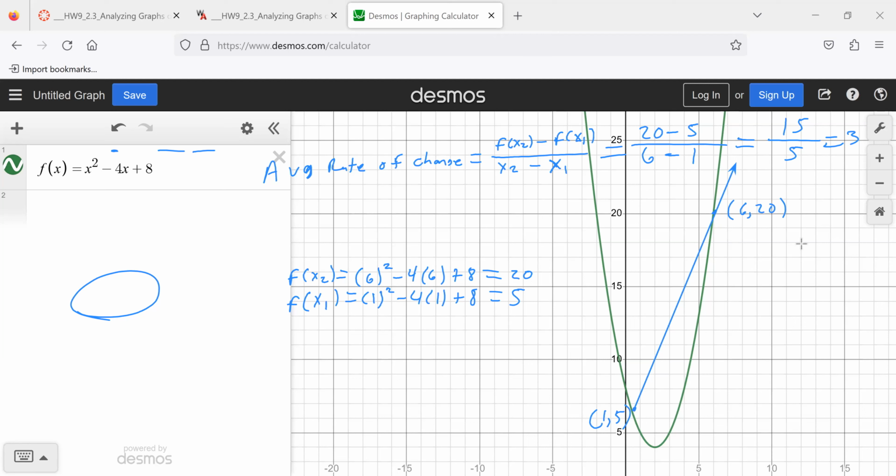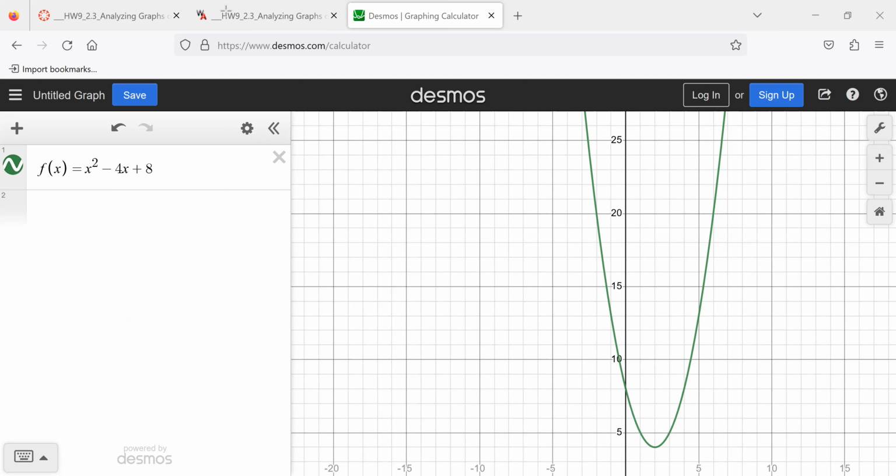Does that make sense? If this was like a velocity function, and your velocity was changing over and over again, the average velocity from point A to point B would be 3. There was some physics kind of problem.